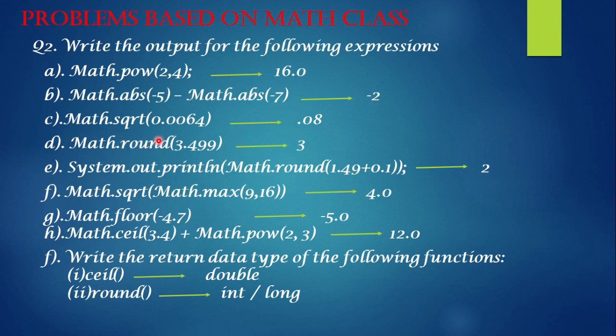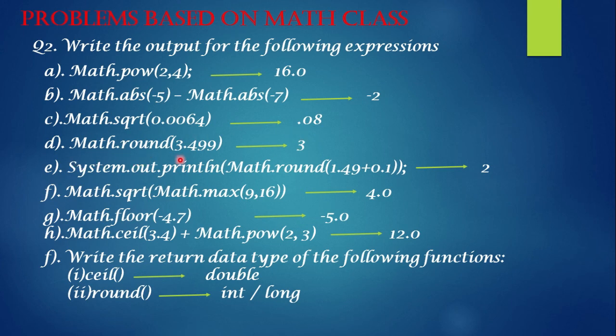Now math dot sqrt 0.0064, its square root is 0.08. Okay, remember these calculations. 64 when you are giving, then what is the square root? 8 into 8 is 64. So there is no doubt over here.